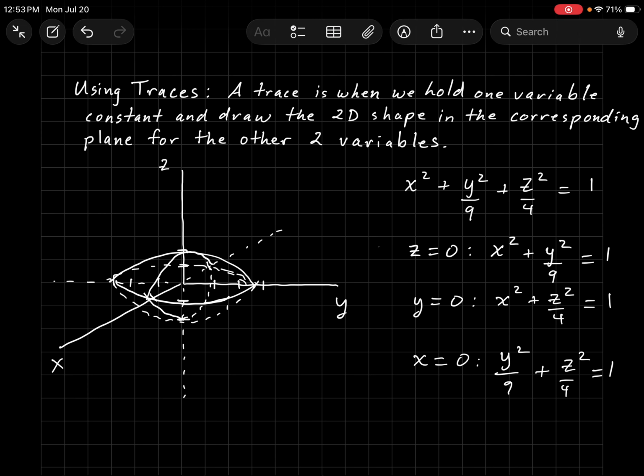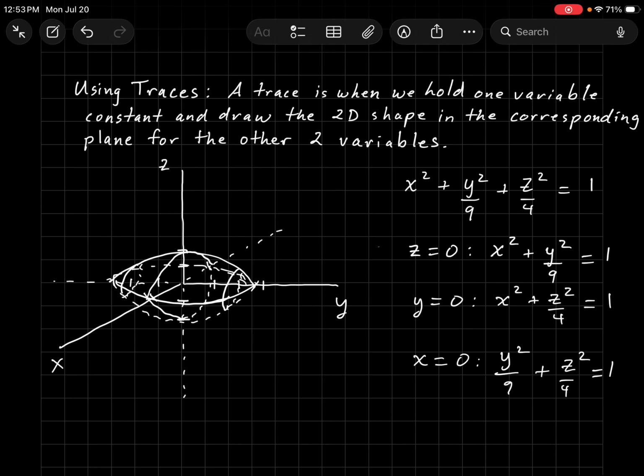Now, I could draw more ellipses at different heights. I'm just going to add one over here just to get the feel of what's happening, and maybe one over here. But basically, once you have two or three, maybe you want them all, you just connect the dots and imagine what the rest of the shape would look like.